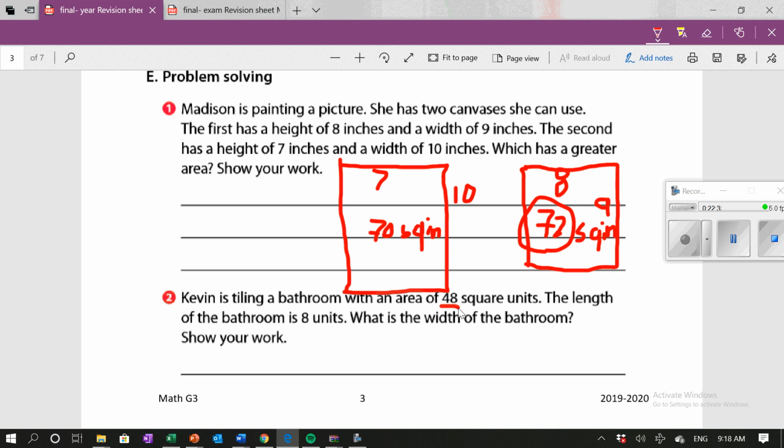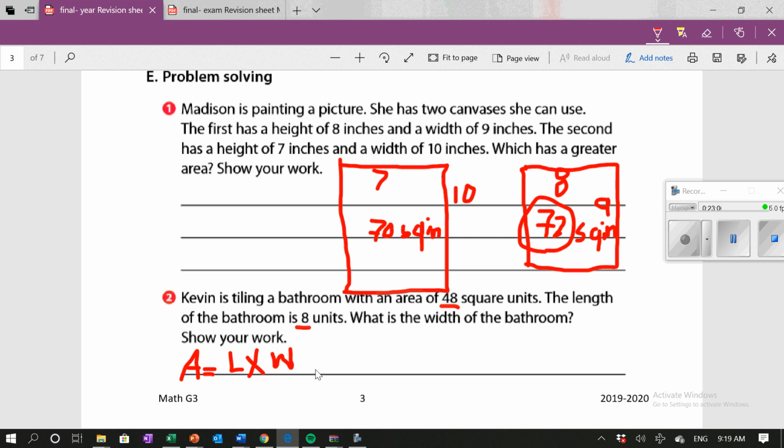The length of the bathroom is 8. What is the width of the bathroom? Show your work. So you remember the formula for the area? Yes, A equals L times W.